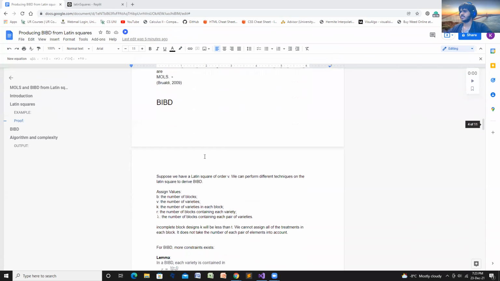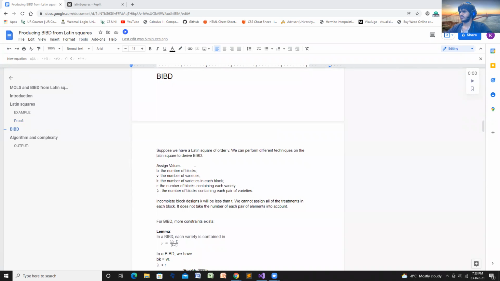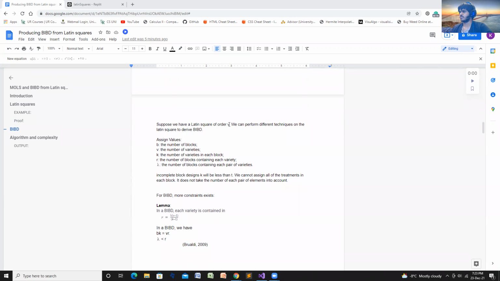For BIBD, suppose we have a Latin square and the order of it is V, and the same V can be used as the varieties for BIBD. So we can perform different techniques on the Latin square to derive the BIBD.